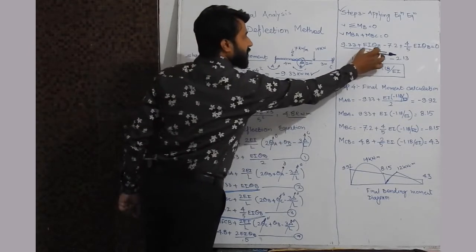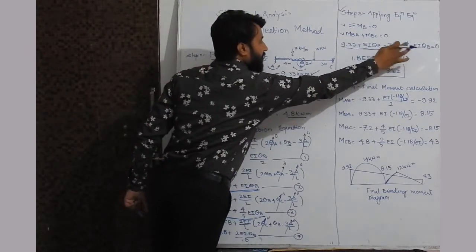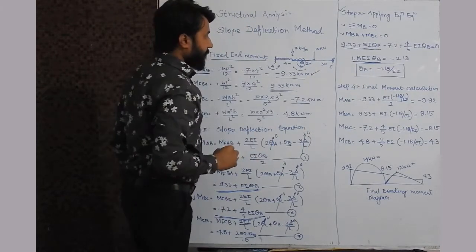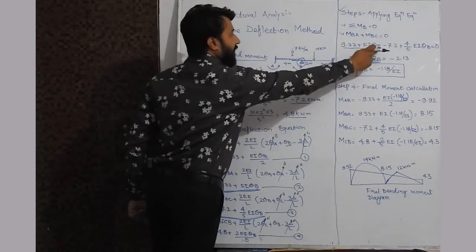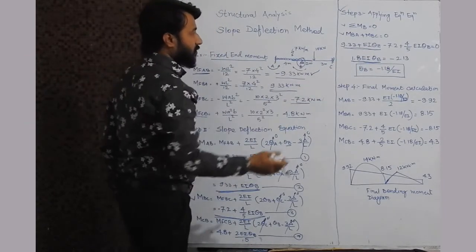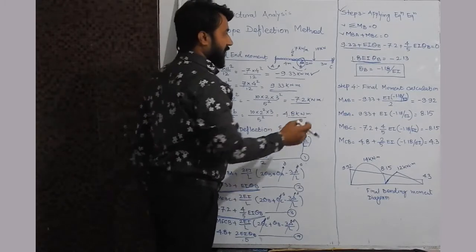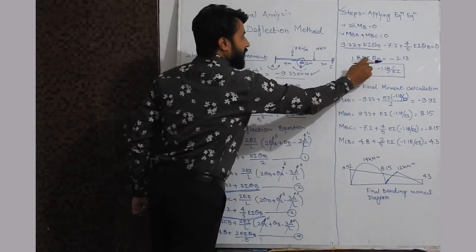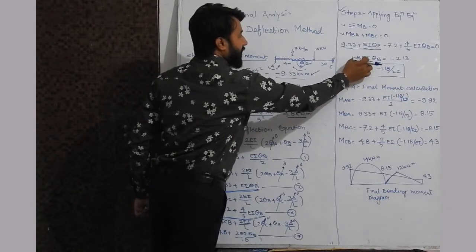So if you solve, EI theta B plus 4 by 5 EI theta B will be equal to 1.8 EI theta B, and 9.33 minus 7.2 will be 2.13. If you take that value to the other side of the equal sign, it will be minus 2.13. So you divide this value by 1.8 EI.